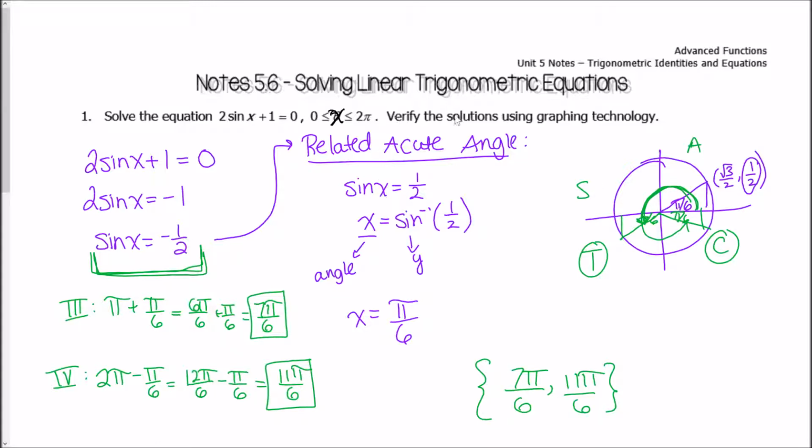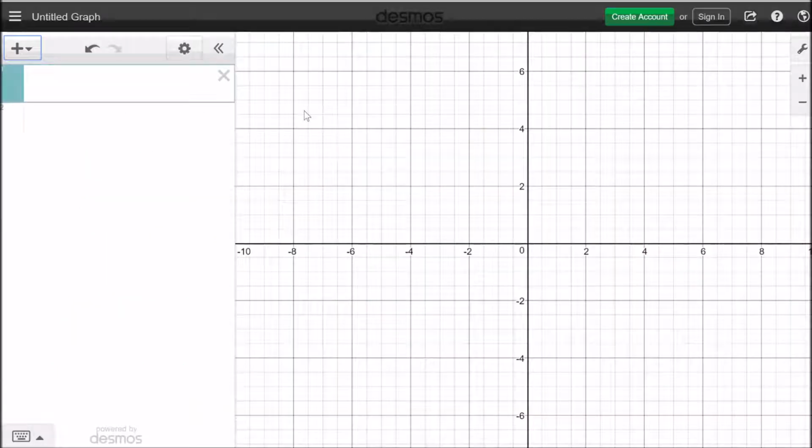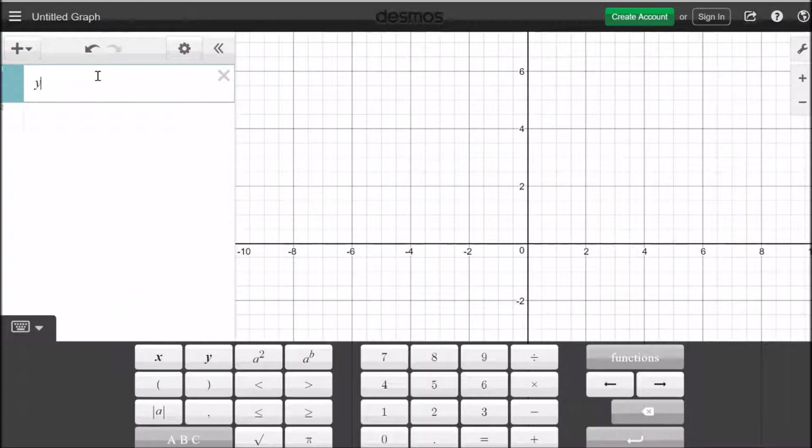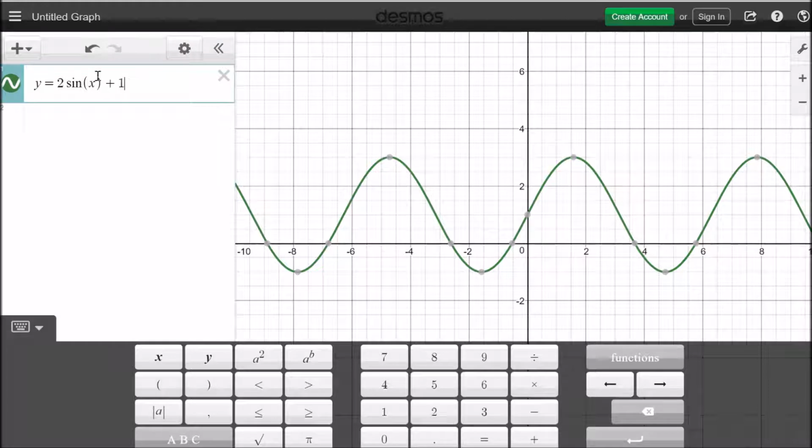Now it says to verify the solutions using graphing technology. So we're going to go to Desmos right here, and we are going to type in the left side of our equation for our first function, and then we're going to type in y equals 0 for our second function and see where they intersect. Or we could just see where this graph intersects on the x-axis.